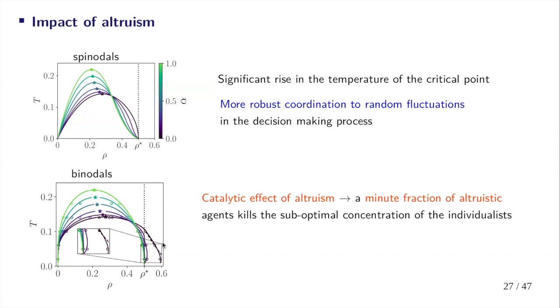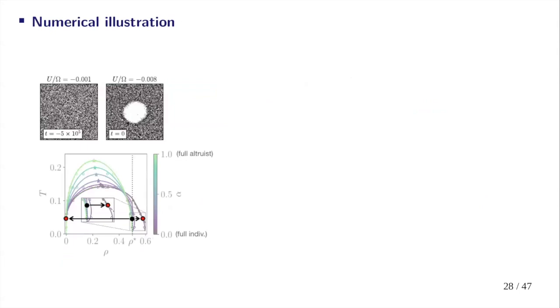And this increase of alpha just kills the suboptimal aggregation. Okay, and this is what we want to understand in the following. Here I just illustrate the phenomenology of the system. We start from a purely individualistic system, okay?